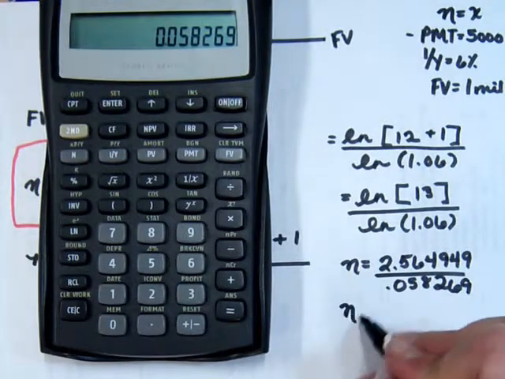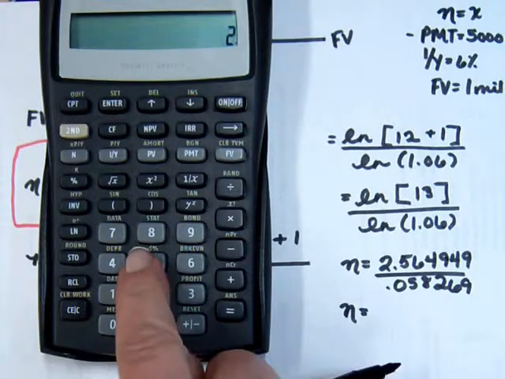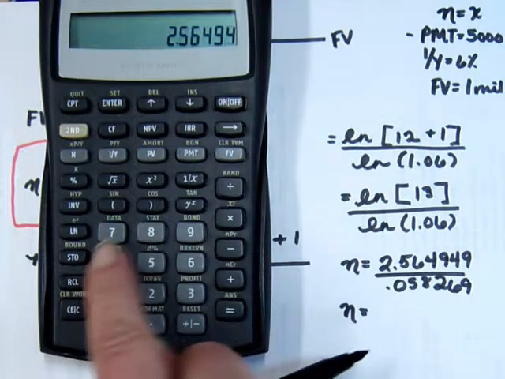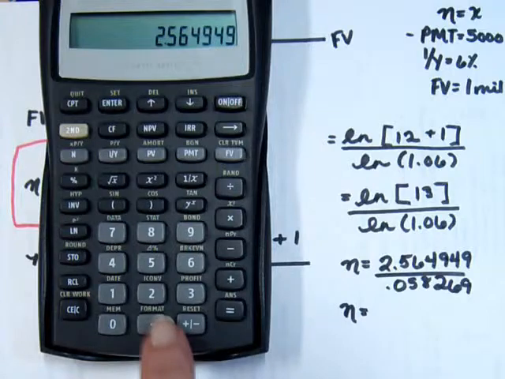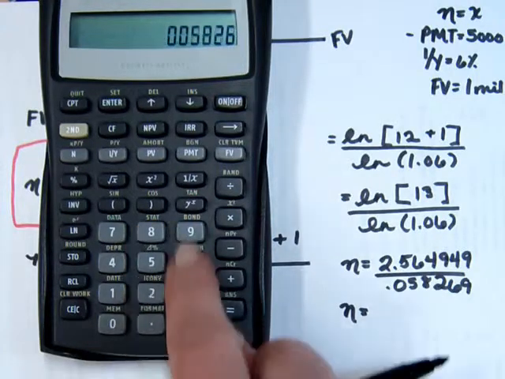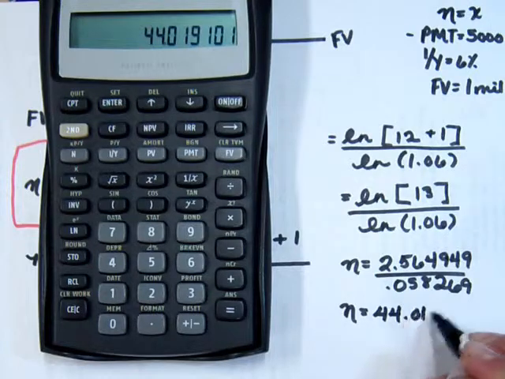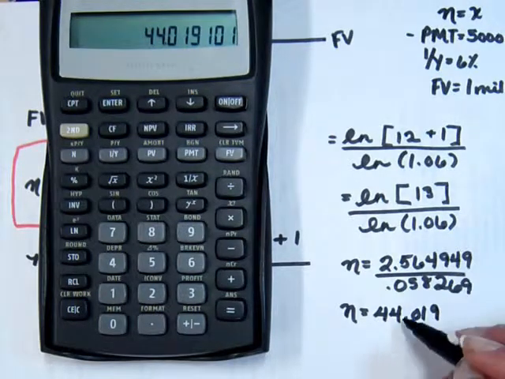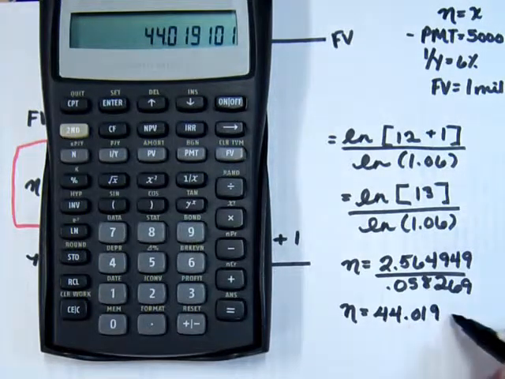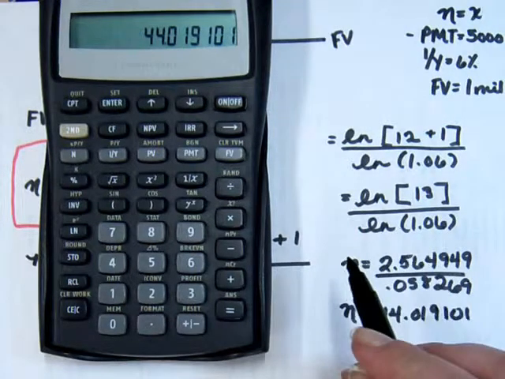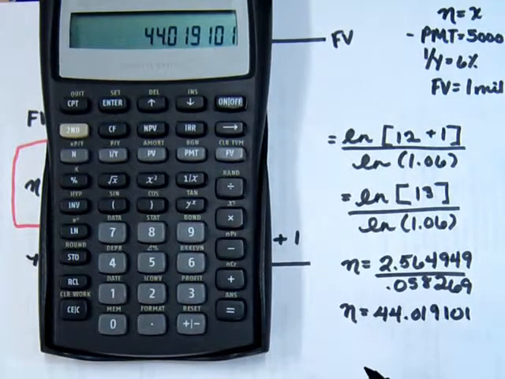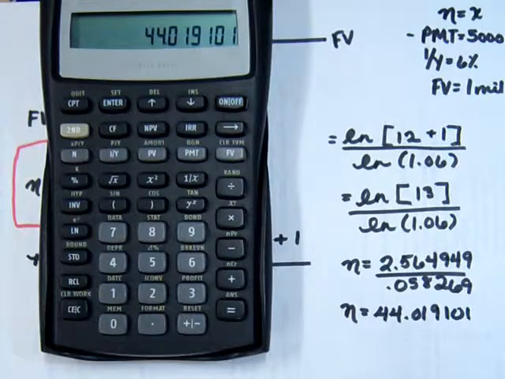And when we calculate that out, 2.564949 divided by 0.058269, we end up with 44.019101, which closely matches the book on page 96.